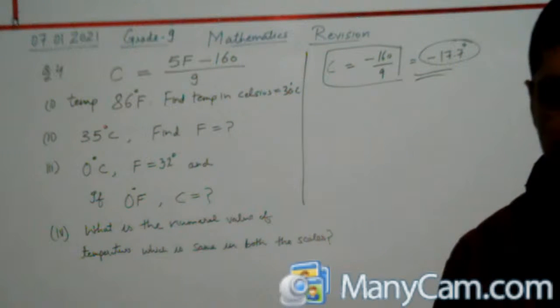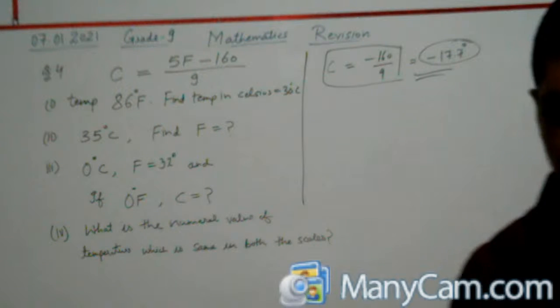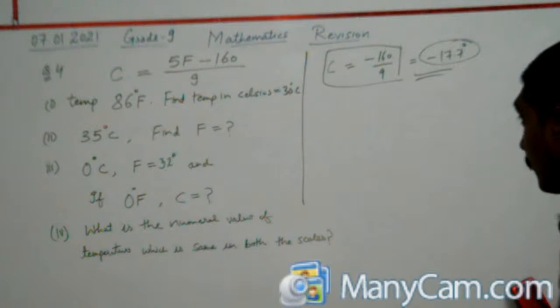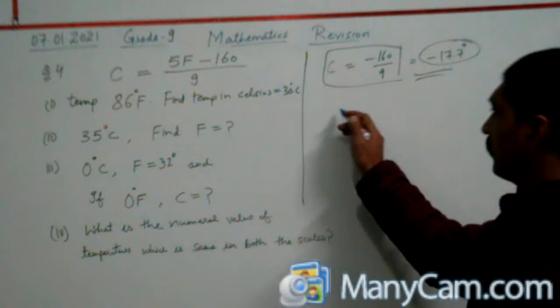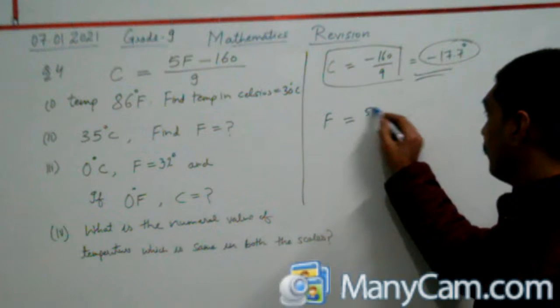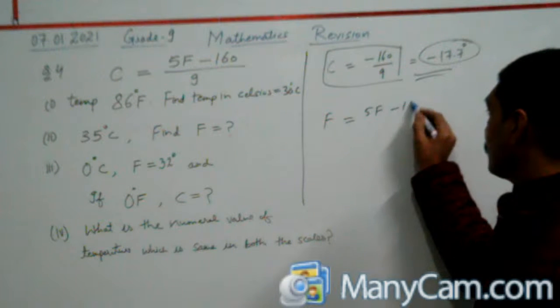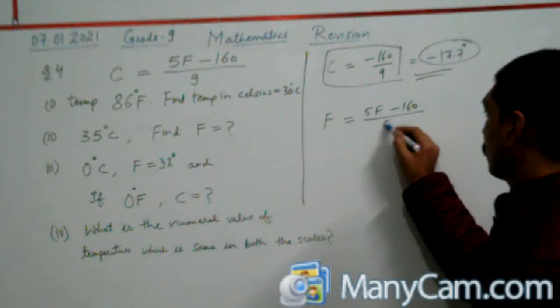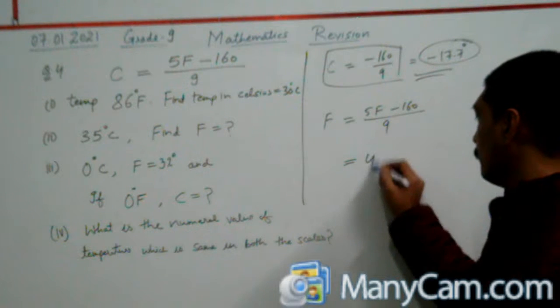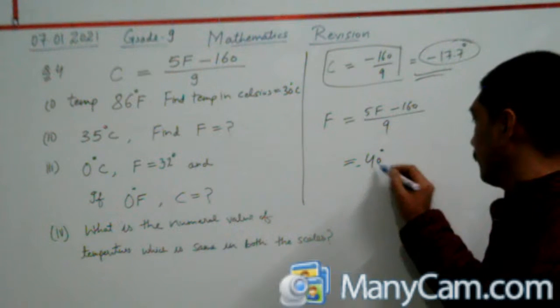Other students, okay, minus 40 degree. Yes, very right. You can take F is equal to 5F minus, so you will find that the temperature will be minus 40 degree, right?